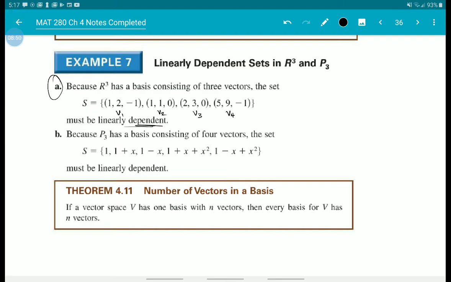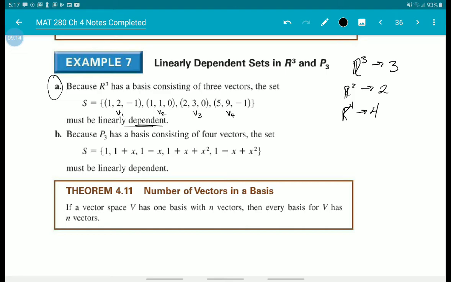So if you think about how many you have to have for a basis, R3 has to have 3 vectors. R2 has to have 2. R4 would have to have 4, and so on. So you can start to see that connection there. How many vectors do I have to have, and how many vectors do I have?